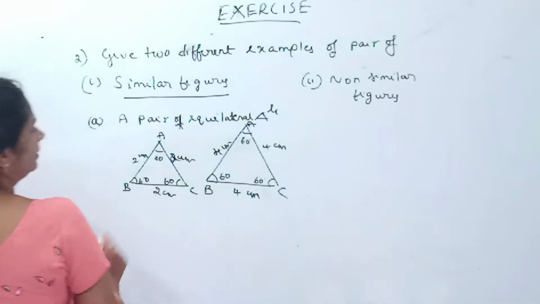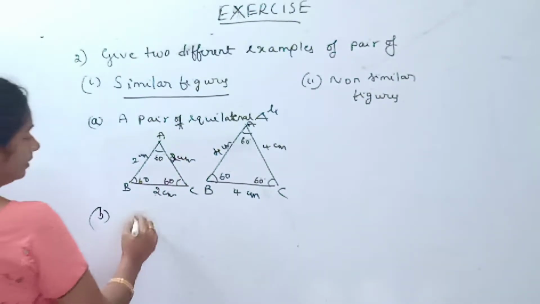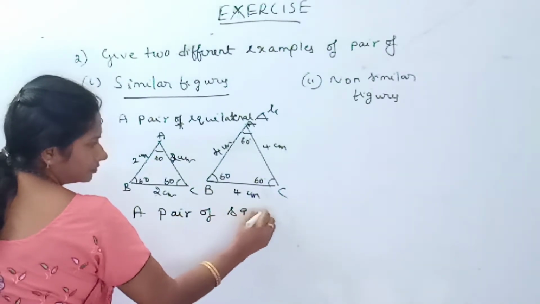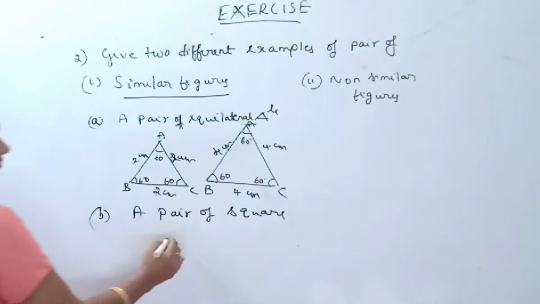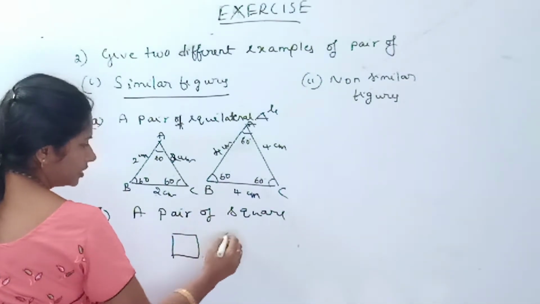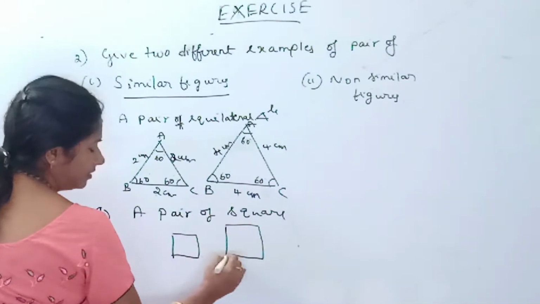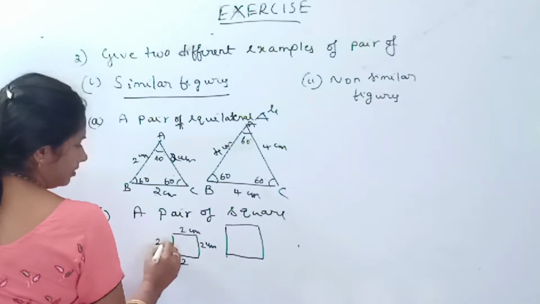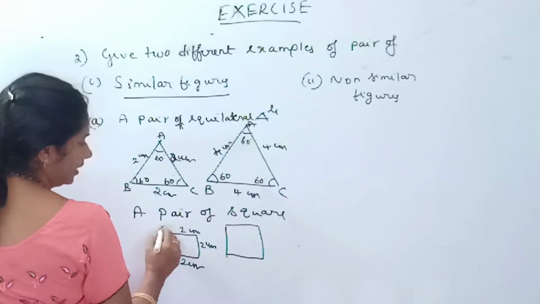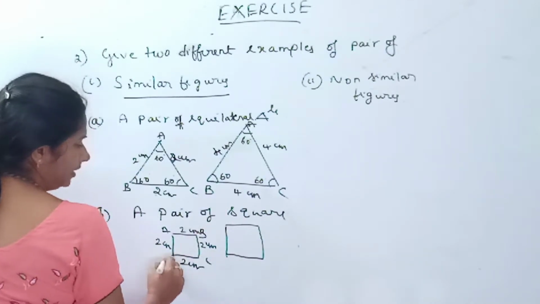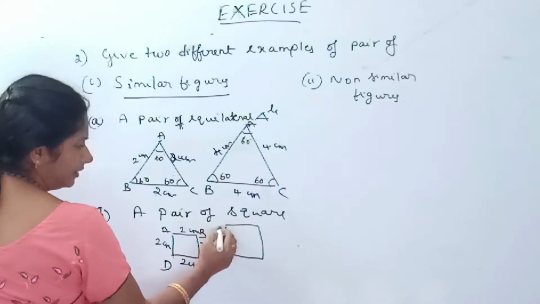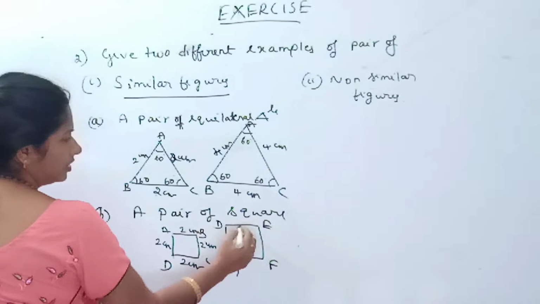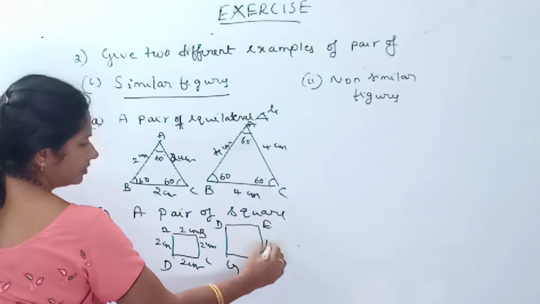Next, one more example. Let me write it as B. A pair of squares. This is a square of side 2 centimeter, 2 centimeter, and this is a square A, B, C, D, and another square, let me write it as D, E, F, G. So this is a 4 centimeter square.